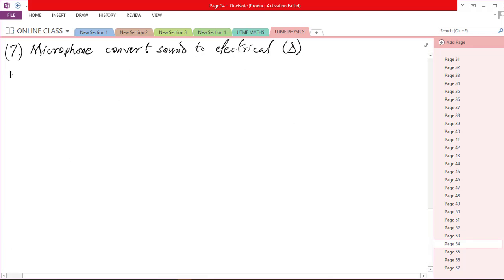A good calorimeter, what we want calorimeter to do is to reduce the heat loss.